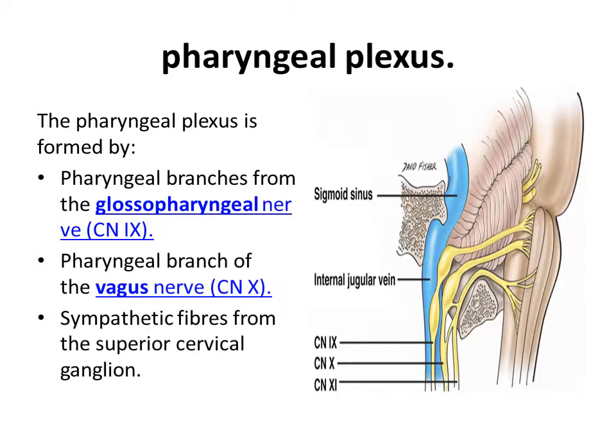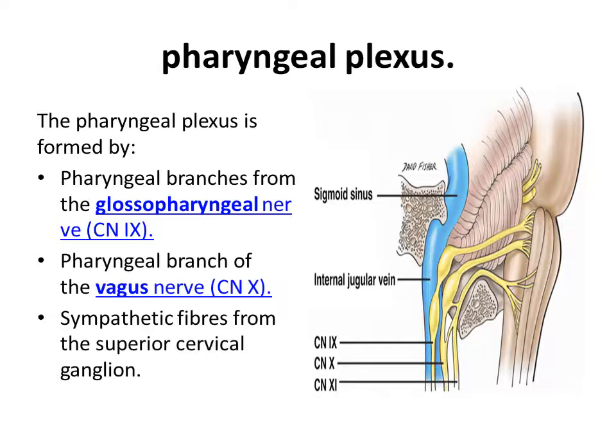So we often say pharyngeal plexus when we talk about the nerve supply of different muscles. So what is the pharyngeal plexus? Actually, it is formed by fibers from the glossopharyngeal nerve, fibers from the vagus nerve, and fibers from the 11th or accessory nerve, the spinal part.